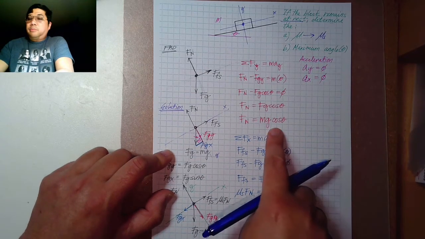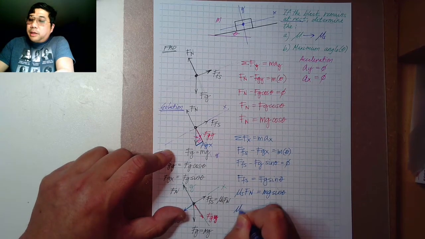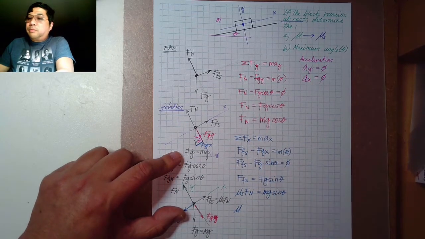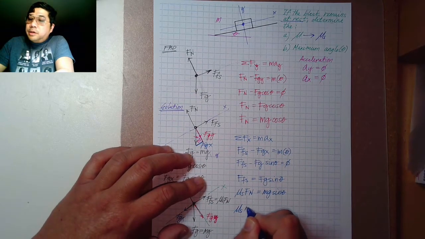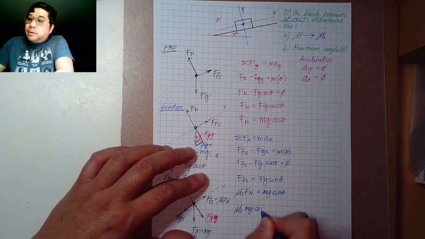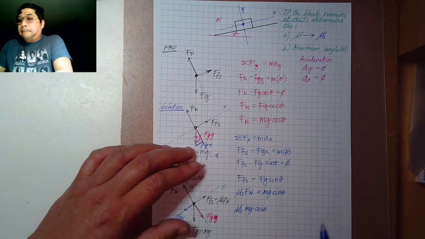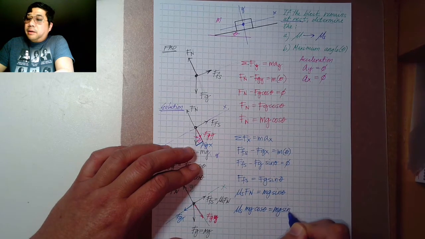Fn is simply mg times cosine theta. So let us replace the value of the normal force, and that is mg multiplied by cosine theta, and that is equivalent to mg sine theta.